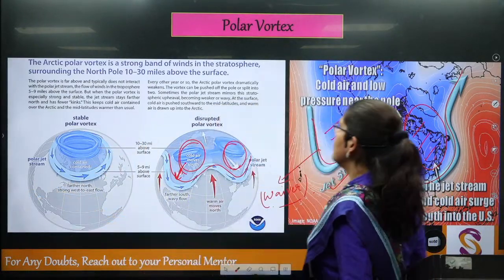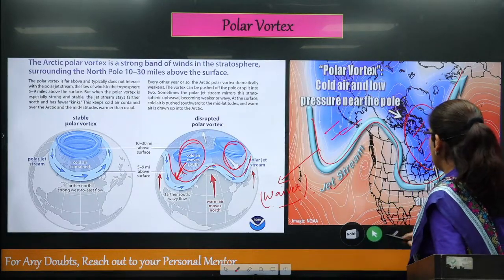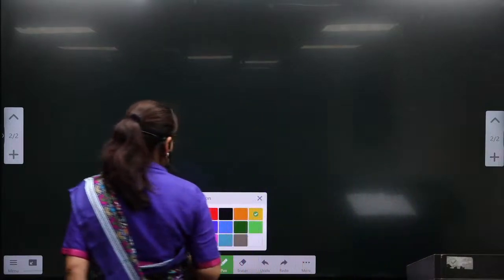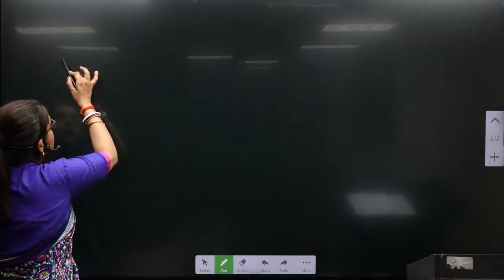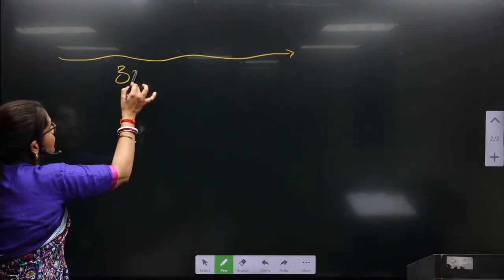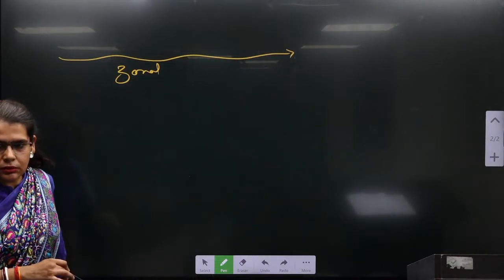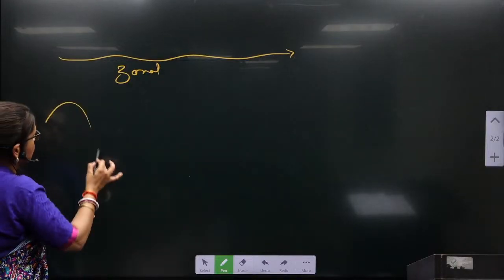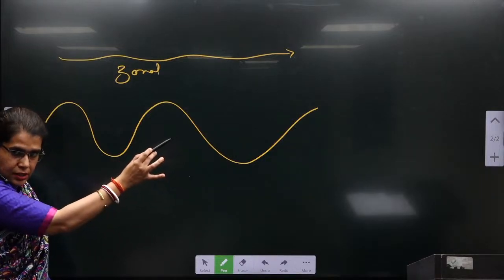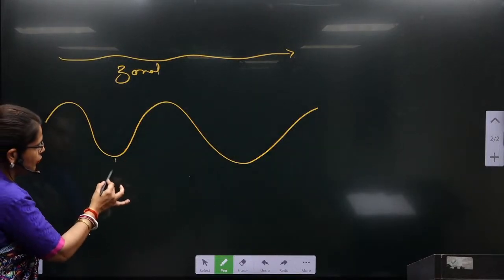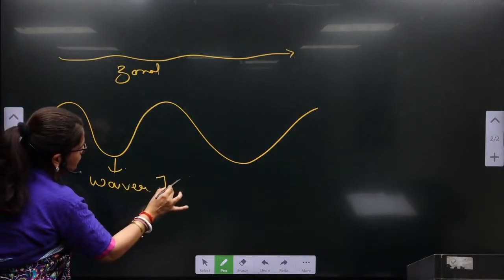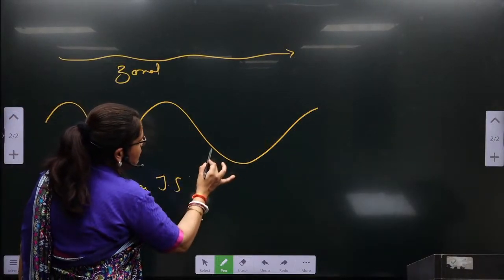So jet stream, see, jet stream can have the zonal flow, right, then there can be meandering. This is wavier or not? Yes, yes, this is a wavier jet stream. This is a meandering path.